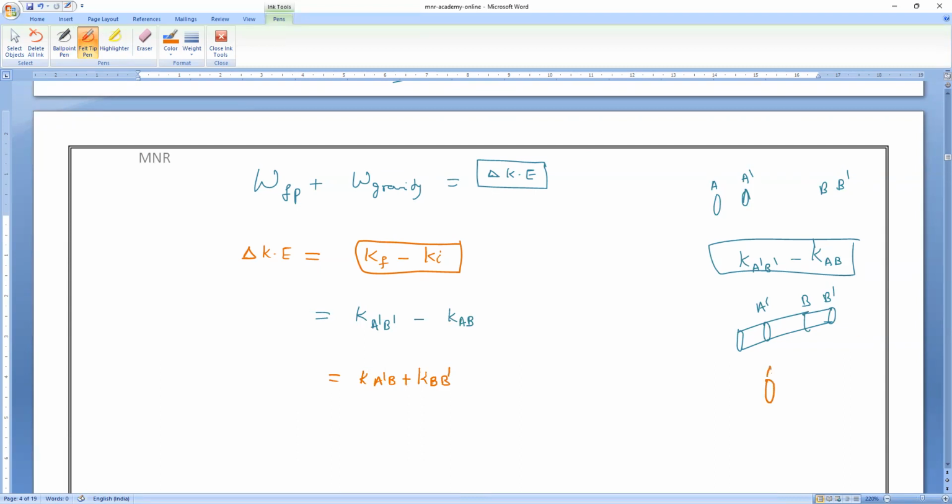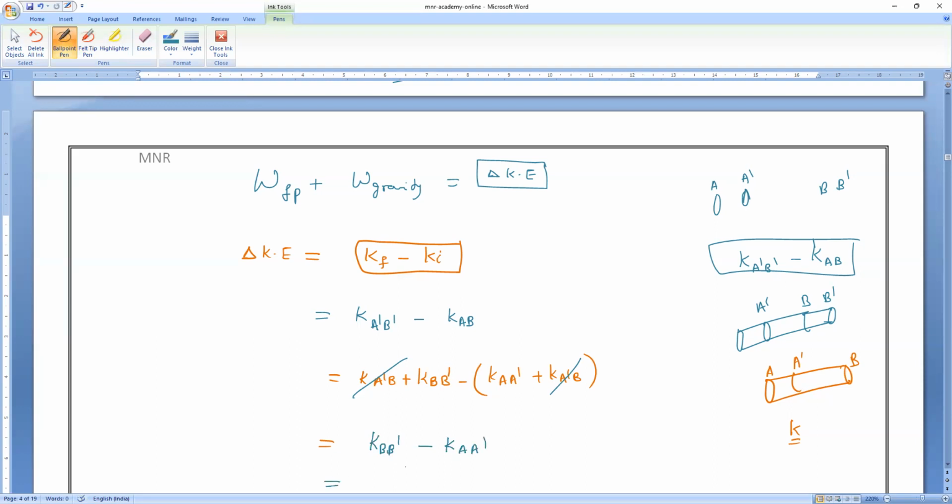Then from A to B, A dash is in the middle: kinetic energy of A to A dash plus A dash to B. If I remove the bracket, both K A dash terms get cancelled. So we get K B dash minus K A dash.